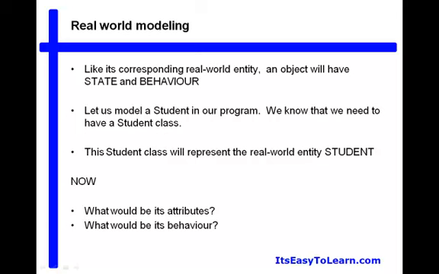Let's understand this more carefully. Let us imagine that we are modeling a student in a program. To model a student, we need to have a student class. This student class will now represent the real world entity called student. Now we said a real world entity has state and behavior, right? So for this student class, what would be its attributes and what would be its behavior?